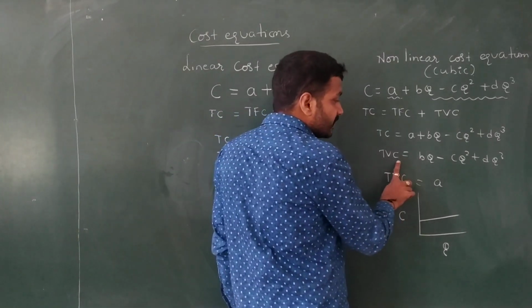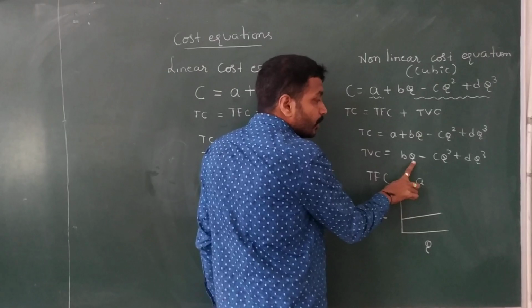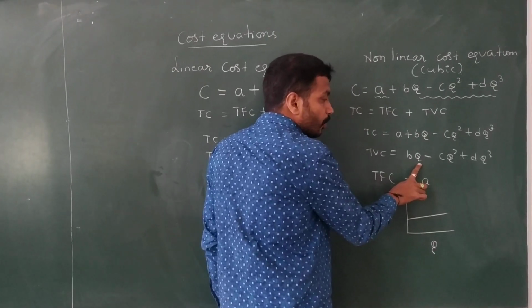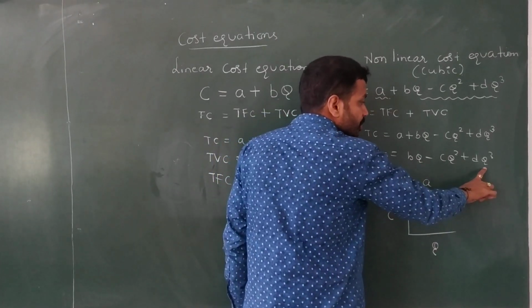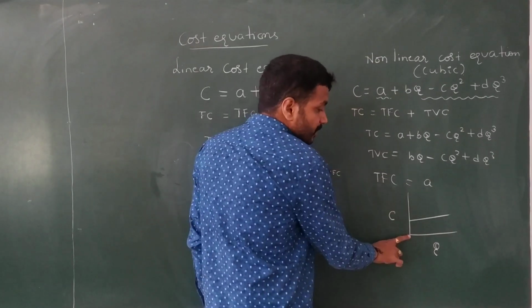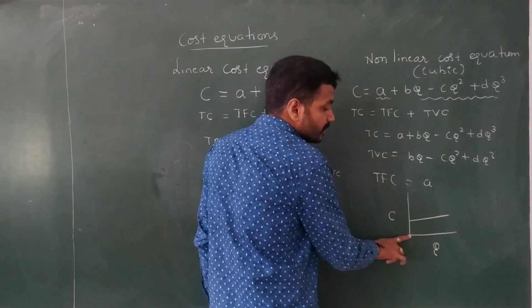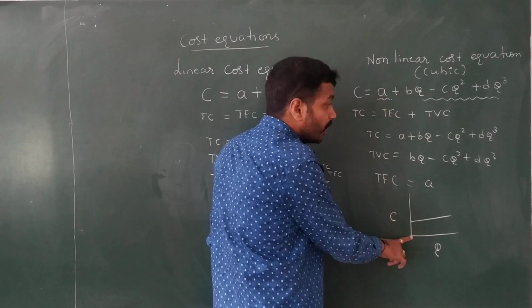TVC starts from the origin, since if Q becomes 0 the entire expression becomes 0.